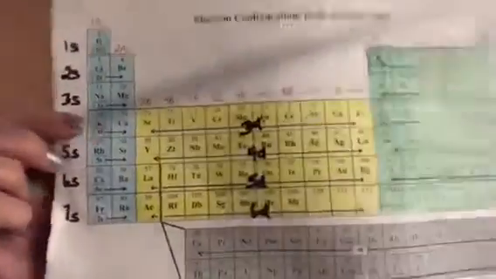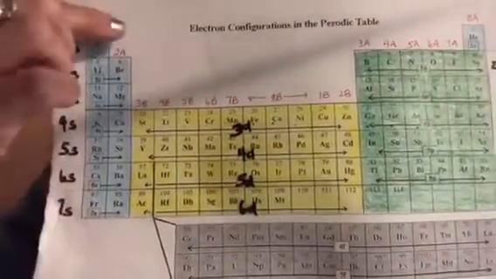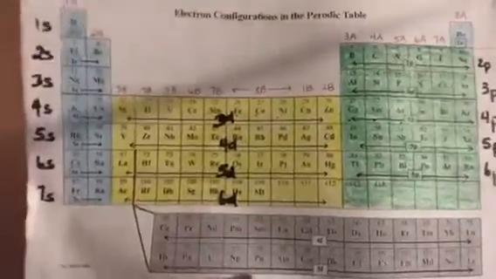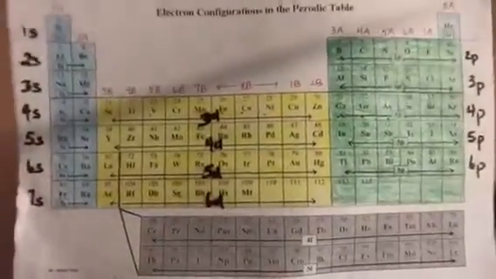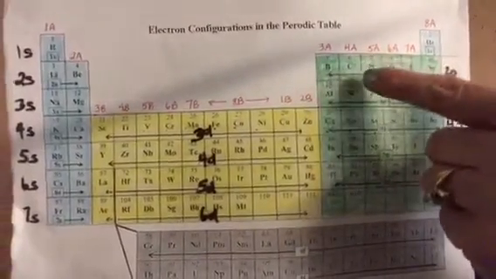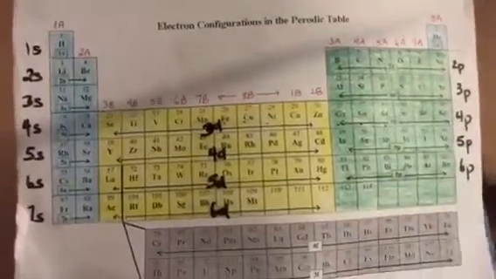When you look at this periodic table, S maxes out with 2 electrons. S1, S2. P sublevels max out with 6 electrons. 1, 2, 3, 4, 5, 6.